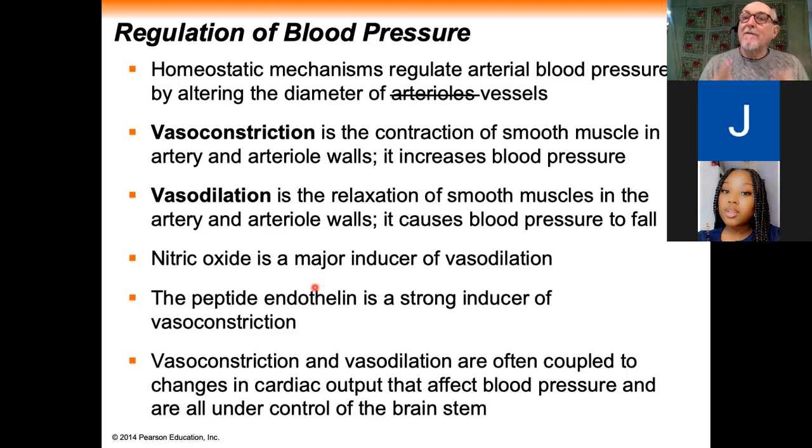There's a whole set of these homeostatic mechanisms to regulate arterial blood pressure, to ensure especially that the brain receives sufficient oxygen continuously. Also to provide, when you're exercising, enough oxygenated blood to muscles.